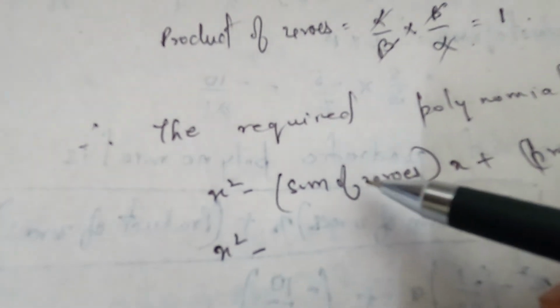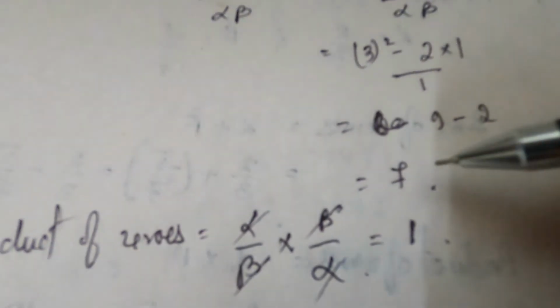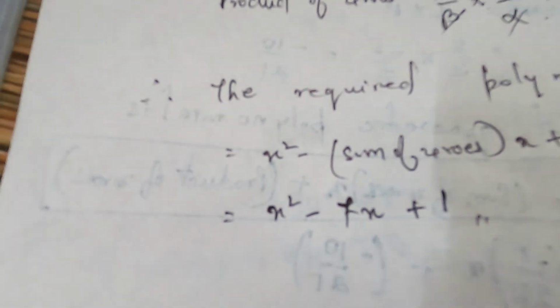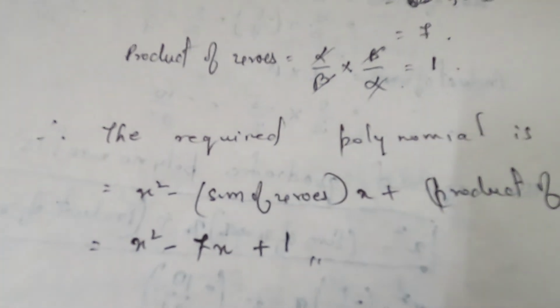All right, so it will be x square minus sum of zeros. What is the sum of zeros that we have gotten here? It will be 7. So it will be minus 7x plus product of zeros. How much are we getting over here? 1. So it will be 1. So this will be the required polynomial. So this will be your answer.